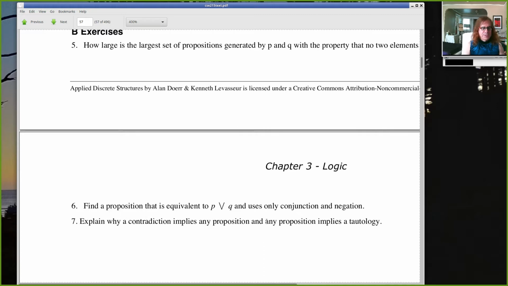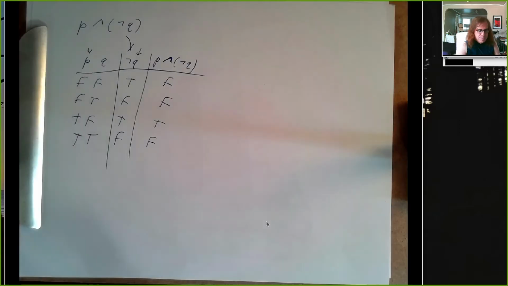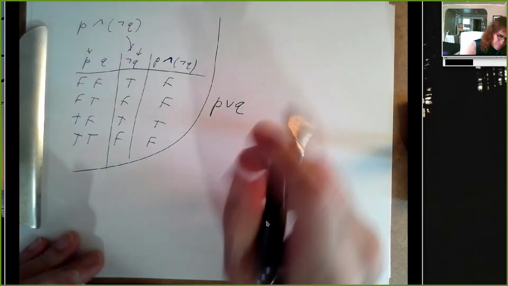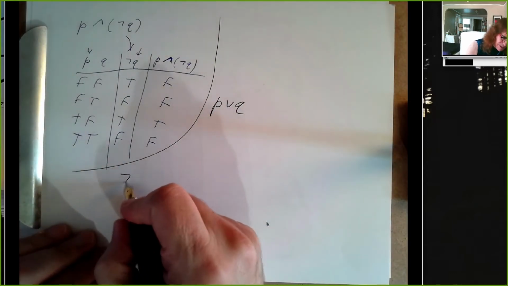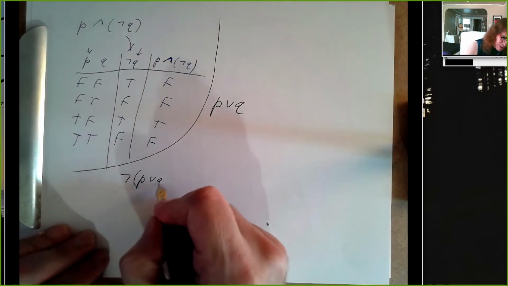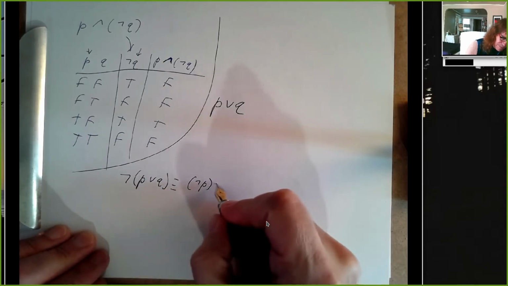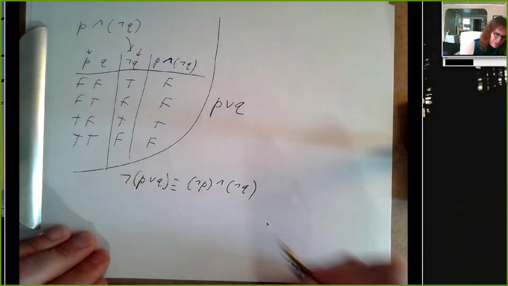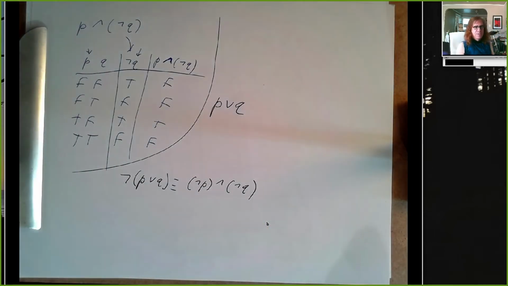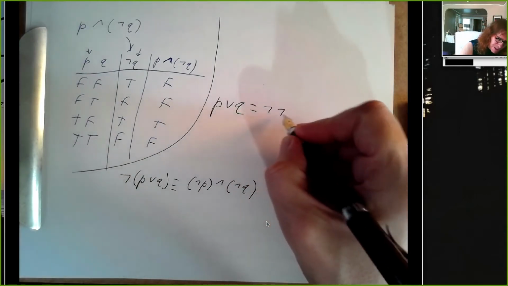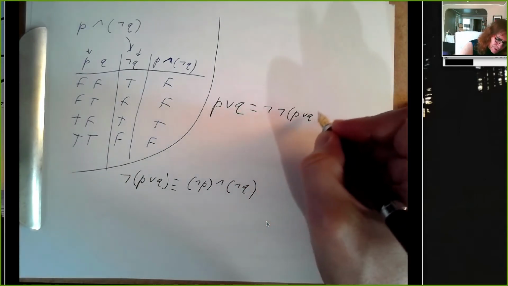Alright, so P or Q. Well, De Morgan's theorem tells us something like this: the negation of P or Q is the same thing as the negation of P conjuncted with the negation of Q. So P or Q is the negation of the negation of P or Q, right?